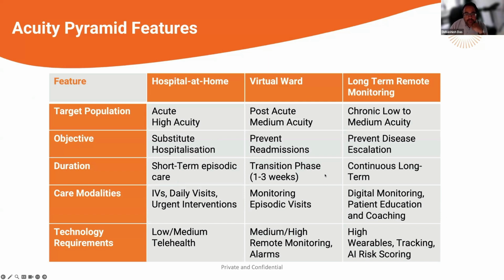But your mid acuity virtual ward can certainly go into that phase where we do have those bed releasing savings, and that low touch remote monitoring has certainly, in our experience, saved costs. And again, technology is really important in this.